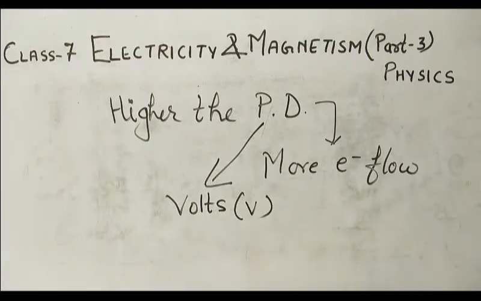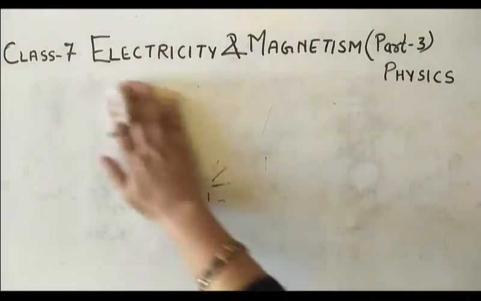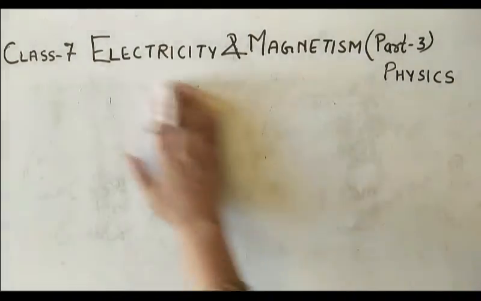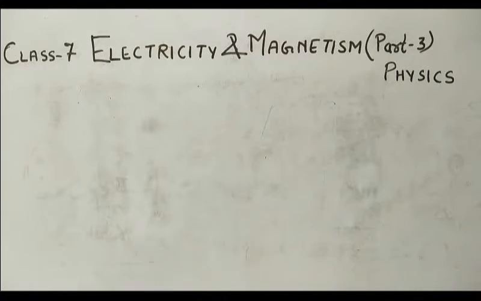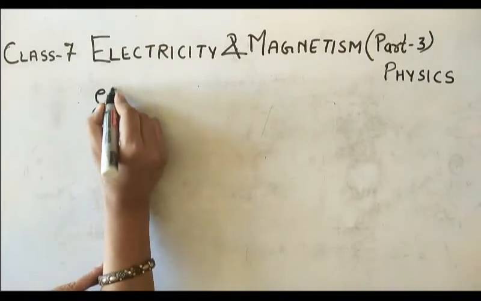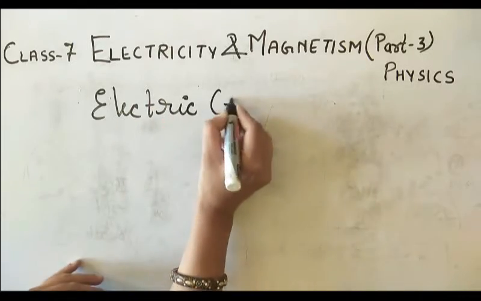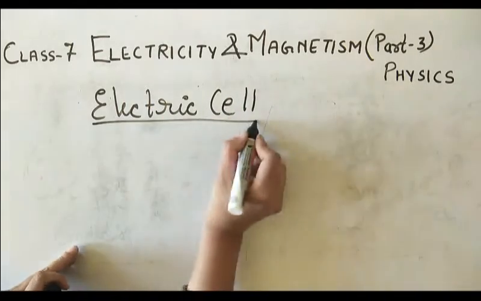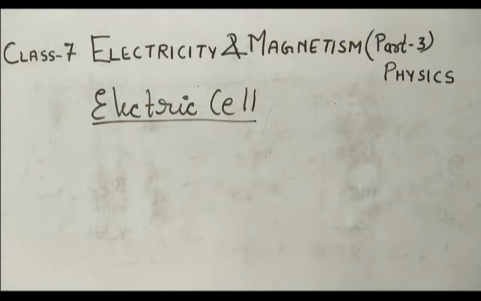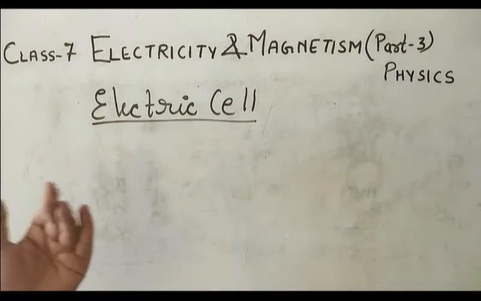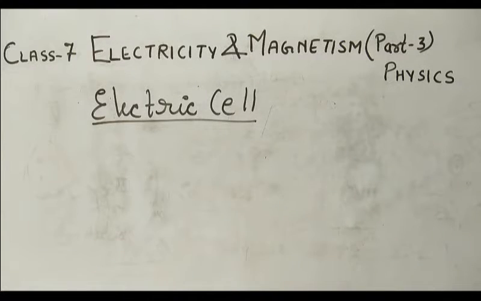Now let us start another very important topic, and the name of this topic is electric cell. You all know, observe and use electric cells. You use them in the torch, the remote, toys, everywhere.